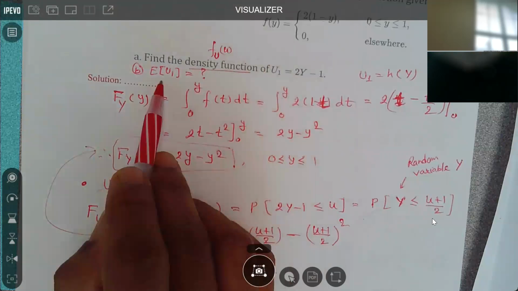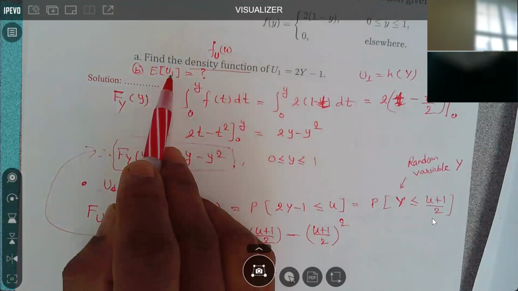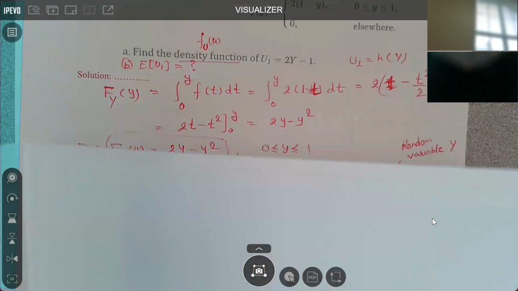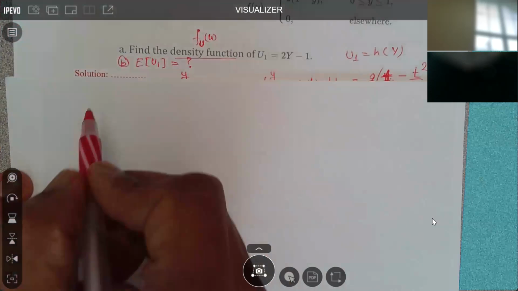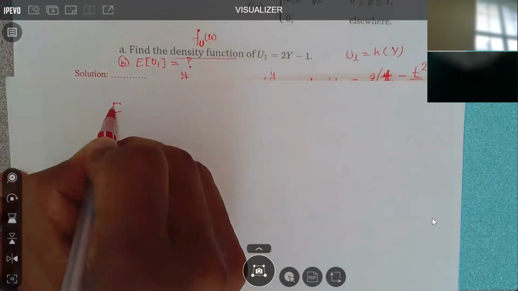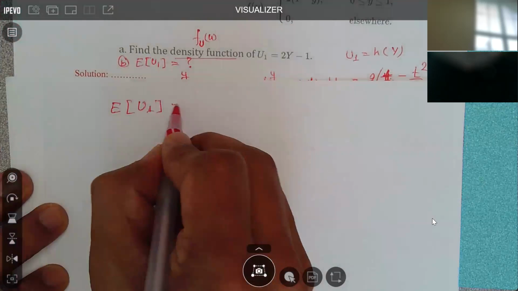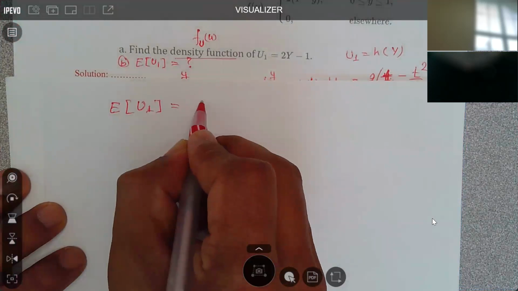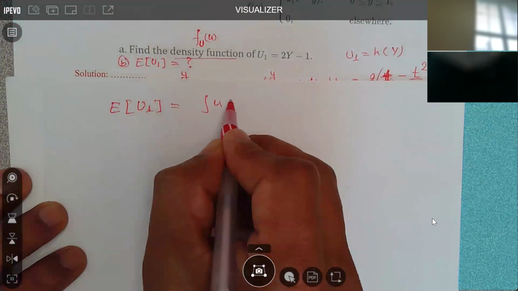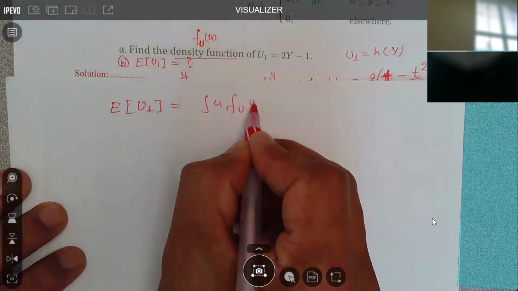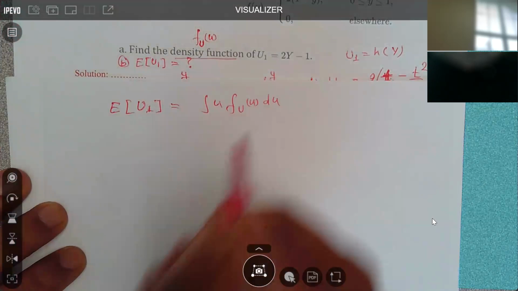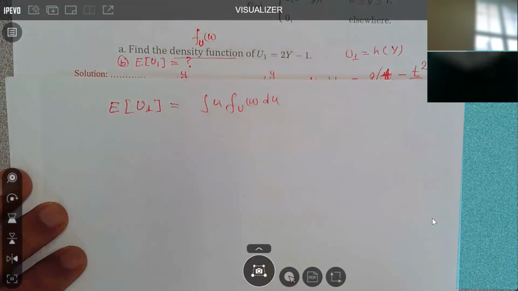So the expected value of u1 equals the integral of u f_U(u) du, right? That is a formula.